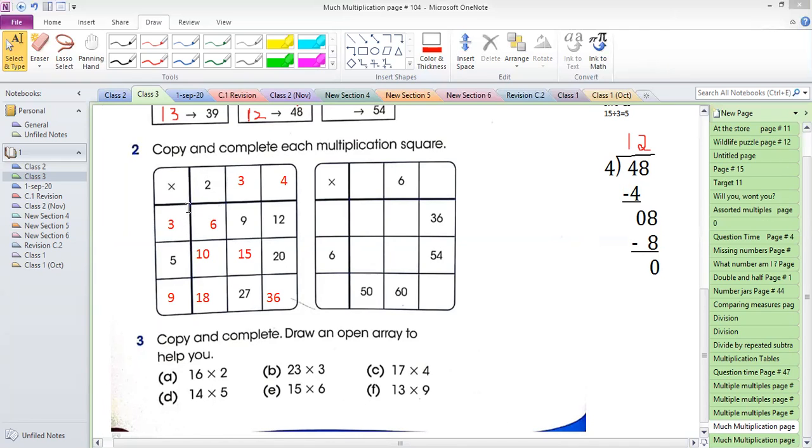In the multiplication square, if we multiply this number by this number, we get this. For all of these, we need to multiply the first one from here and the first one from here. In that way, we can find out.